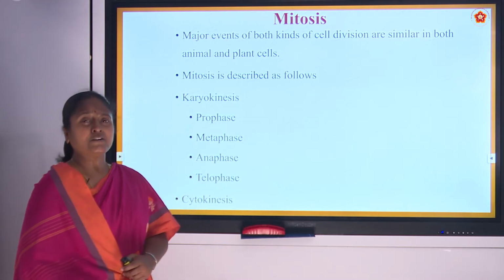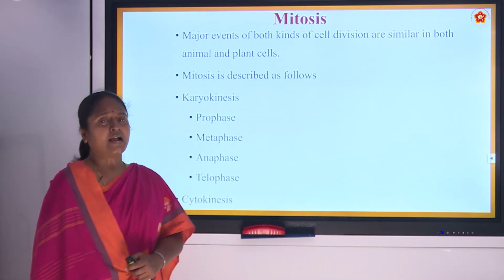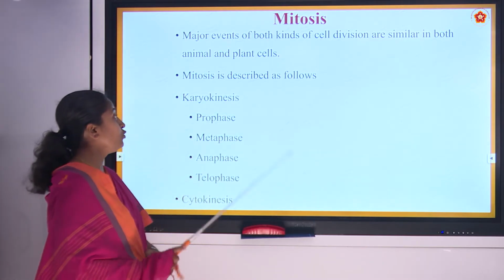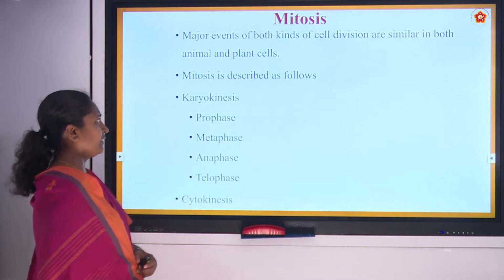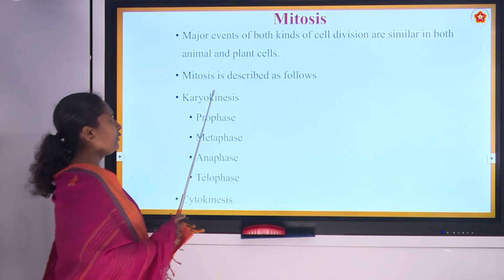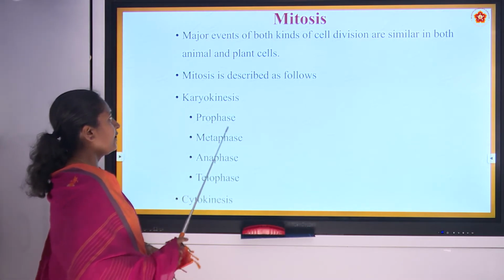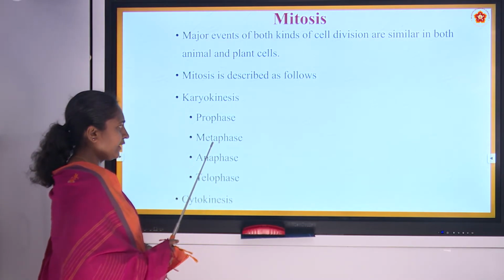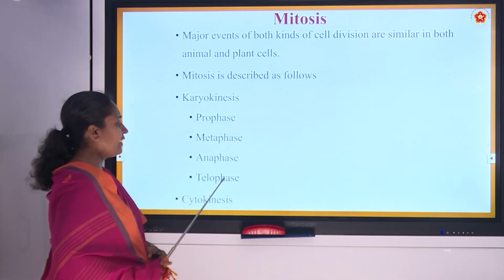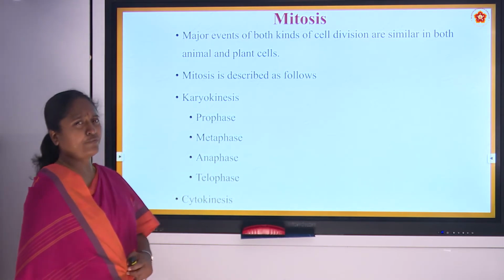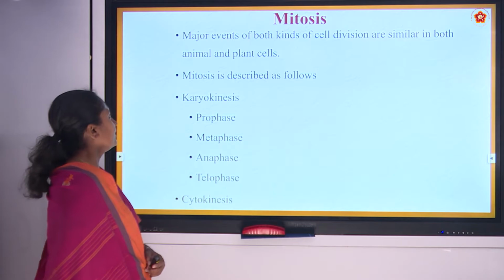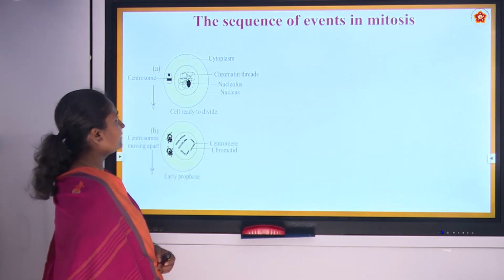This is the division of the cytoplasm and other cytoplasmic organelles. These are the two major events taking place in mitosis. In karyokinesis, we again see four phases: prophase, metaphase, anaphase and telophase. This is how mitosis is described.